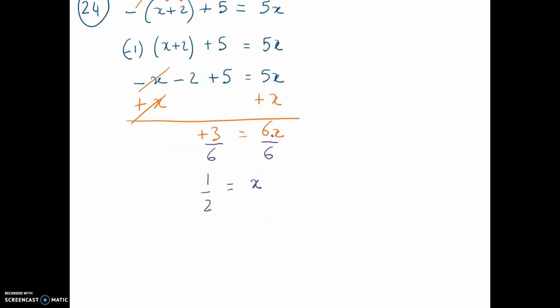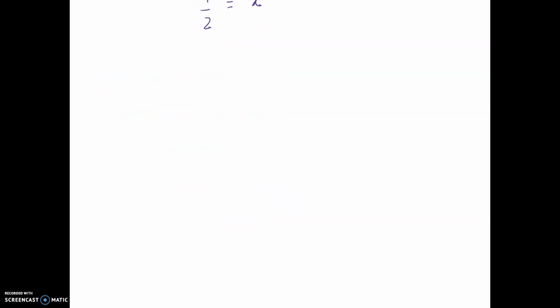Finally, problem number 31. On this problem number 31, we end up to have 4x minus 2 times (x minus 4) over 3 equal 8. Obviously, you have several x, but they are already on the same side.